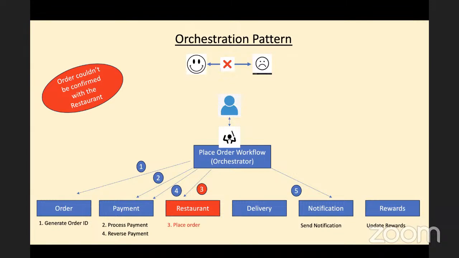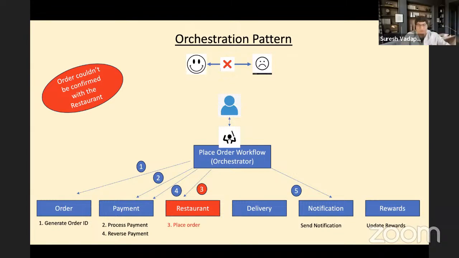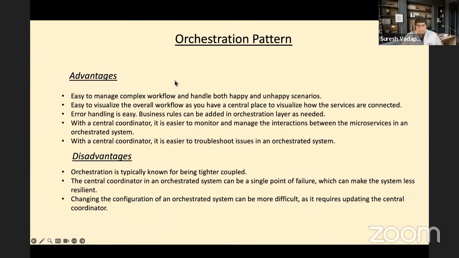Yes. Quick time check, we have about 15 minutes. Let me go to the advantages and disadvantages. Again, it is easy to manage complex workflow and handle both happy and unhappy scenarios because one component has the central control, and it is easy to visualize.